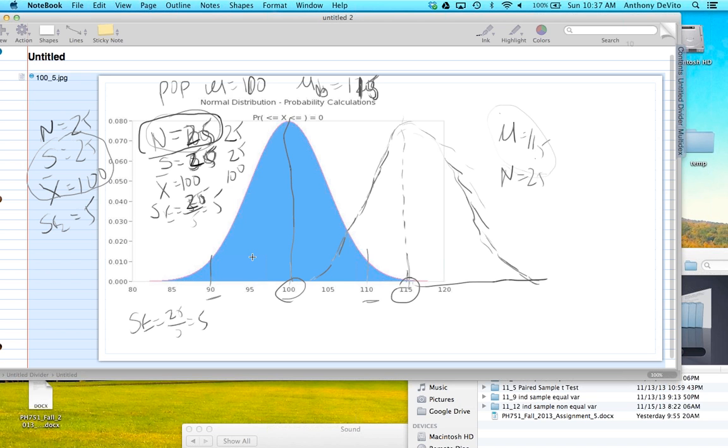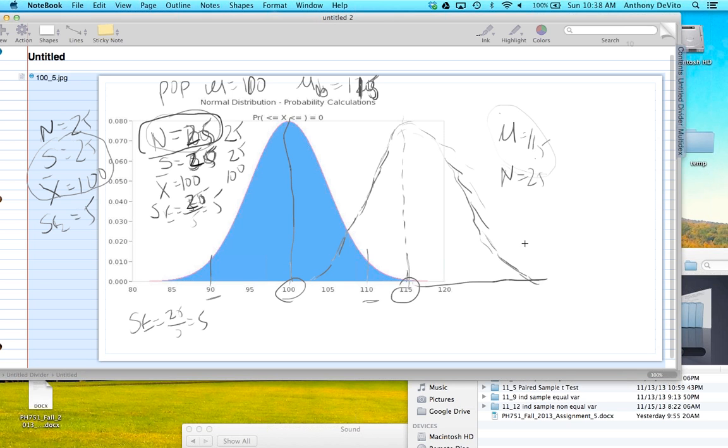So now let's say that I took a sample from this population, and indeed my sample came out. I took 25 people. I got an average of 100. Let me back up a second.